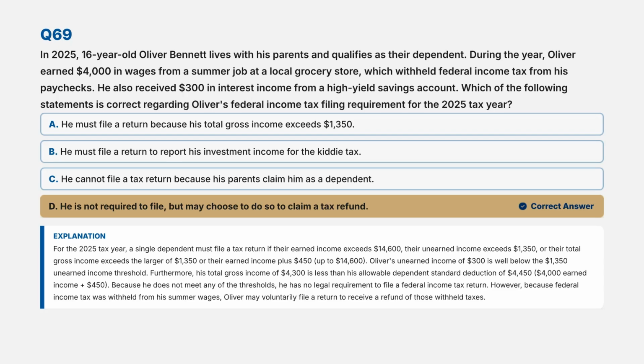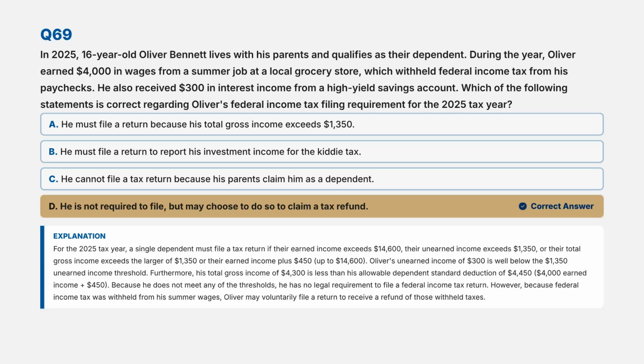For the 2025 tax year, a single dependent must file a tax return if their earned income exceeds $14,600, their unearned income exceeds $1,350, or their total gross income exceeds the larger of $1,350, or their earned income plus $450 up to $14,600.